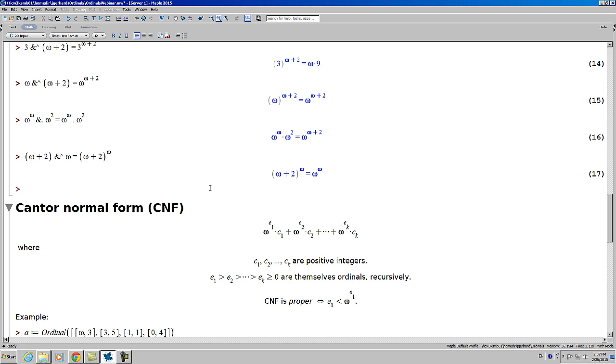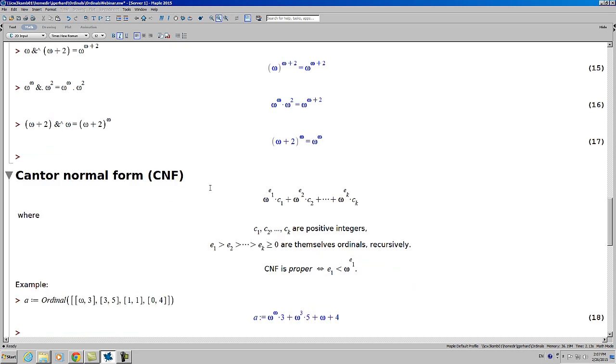The c1 would be 3, e2 would be 3, c2 would be 5, and so on. It's being displayed exactly in this form above, except omega to the 0 is not explicitly written, it's just omitted, so we can have something like a constant term. So the 0, comma 4 in this example corresponds to just the constant term 4 at the end.